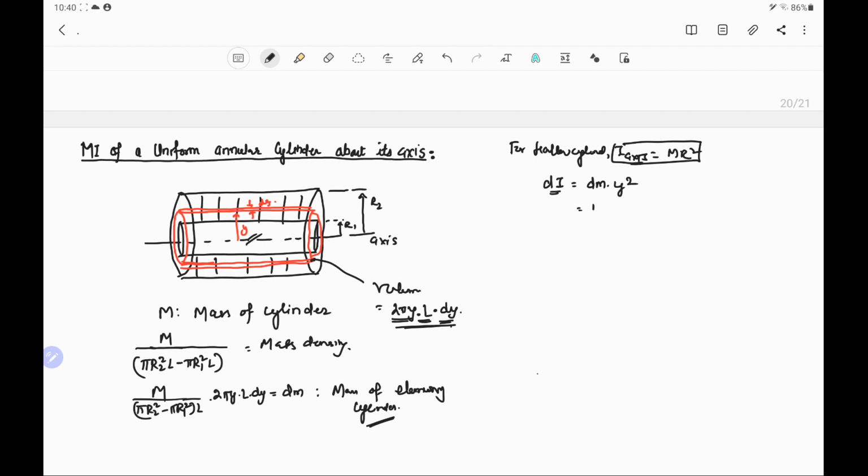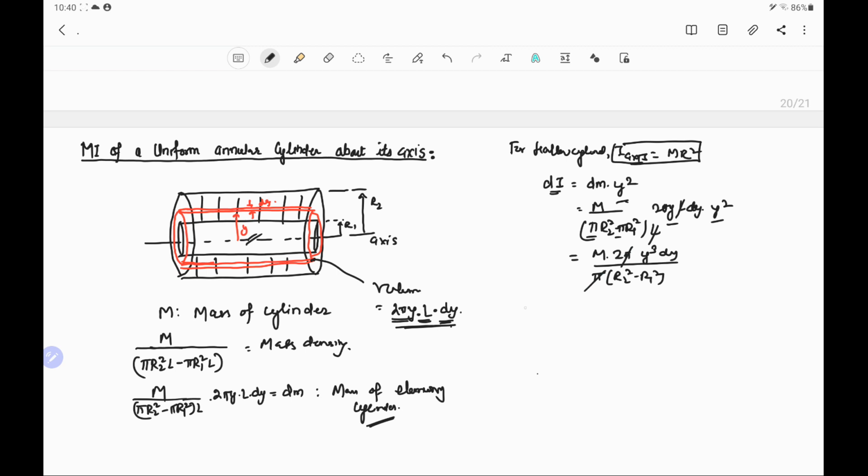It equals M by pi R2 square minus pi R1 square, L, 2 pi y L dy, and this y square. L will be cancelled out with L, and remaining is M into 2 pi. This y and y will be combined, y cube dy divided by, and now pi is common here, pi will be taken out, it will be R2 square minus R1 square, and this pi will be cancelled by this pi.